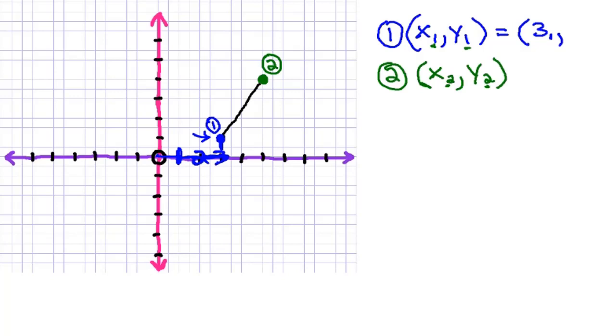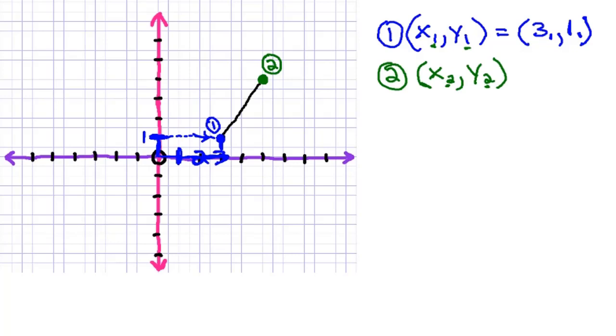And then our y value for this first point is how far up it is on the y-axis. So that's over here. That has only gone up 1 notch on the y-axis. So your y value is going to be 1. And we're going to write a little 1 after it to remind us that that's our first point, and close parentheses. Now let's do our second point in the green.